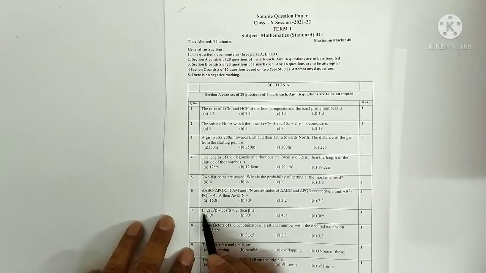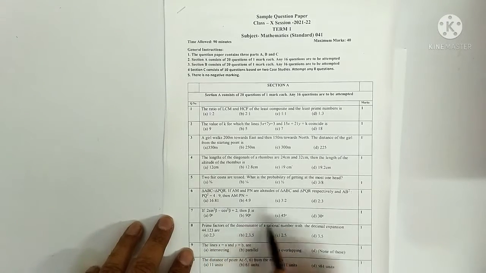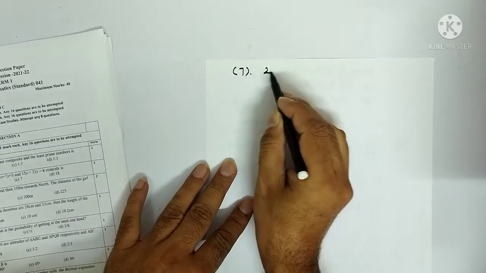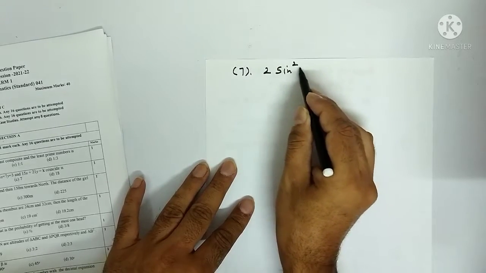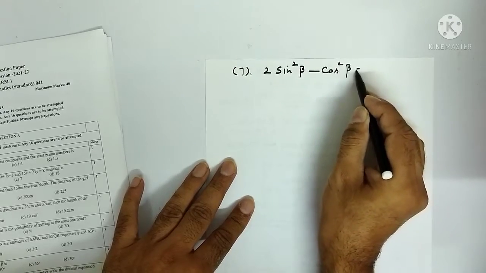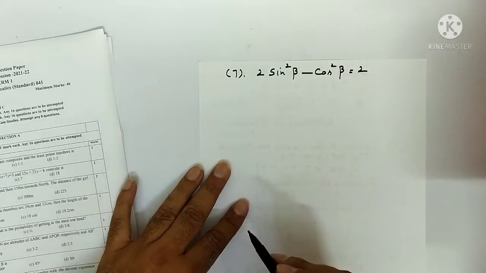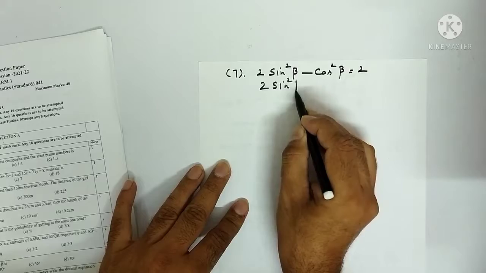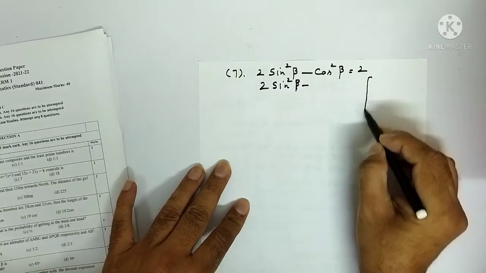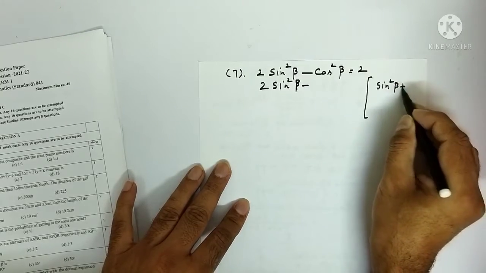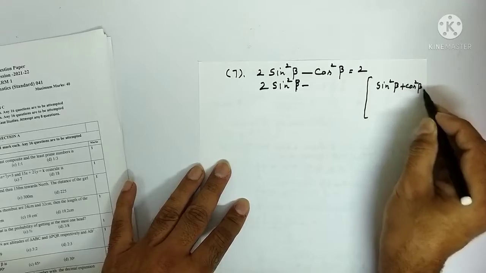Now question number 7 of the sample paper. If 2 sin square beta minus cos square beta is equal to 2, then what is beta? So see here, question number 7. 2 sin square beta minus cos square beta is equal to 2. Now how we will do this question? 2 sin square beta you can write as it is, minus cos square beta. You know this, that sin square beta plus cos square beta is equal to 1.